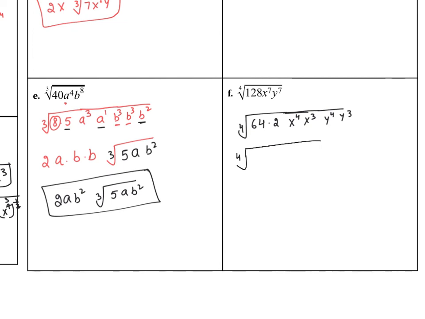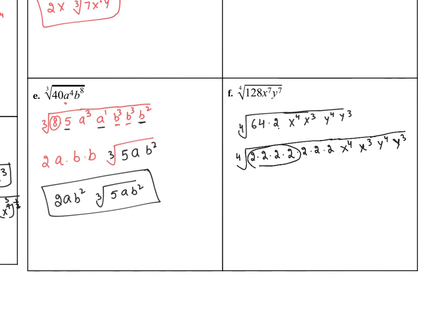We can see that 2 times 2 is 4, times 2 is 8. 8 times 2 is 16, and 16 times 2 is 32. 32 times 2 is 64, and then another 2. And then you have x to the power 4, x to the power 3, y to the power 4, y to the power 3.